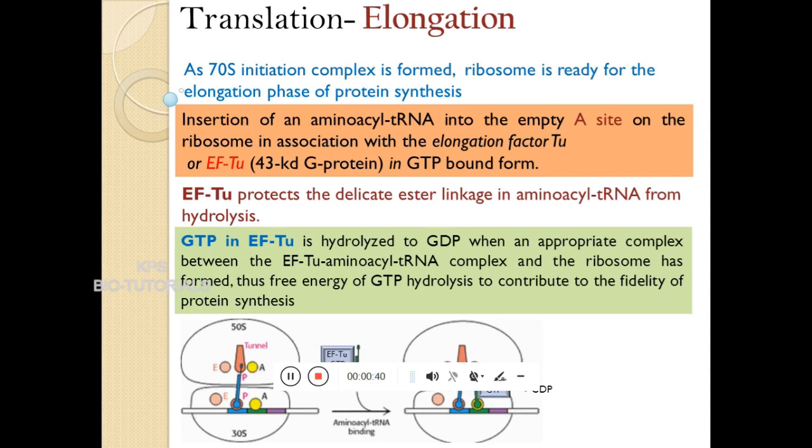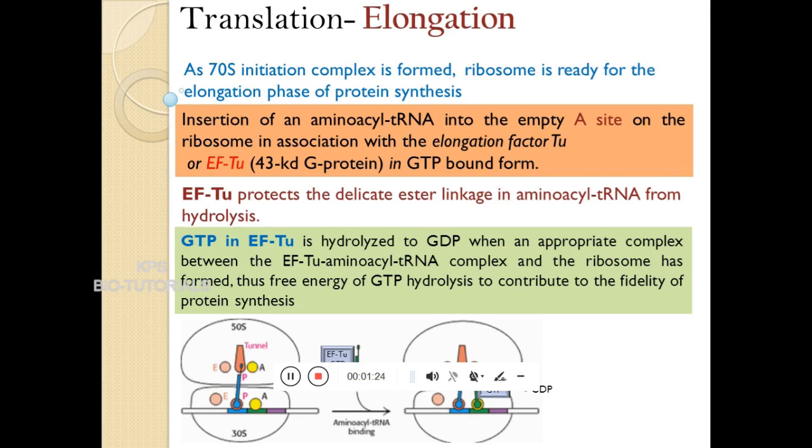The 70S initiation complex is formed of the 70S or complete ribosome and the mRNA attached to the ribosome, then the initiator tRNA with the amino acid bound at the P site, and initiation factors also bound with this 70S initiation complex.